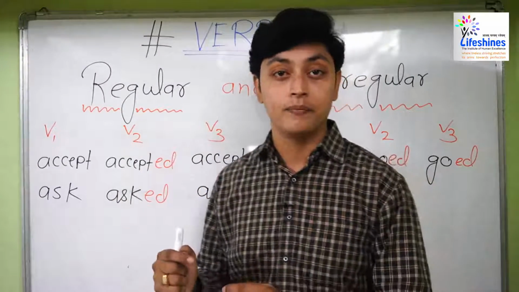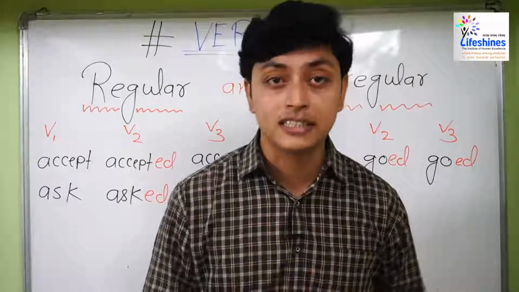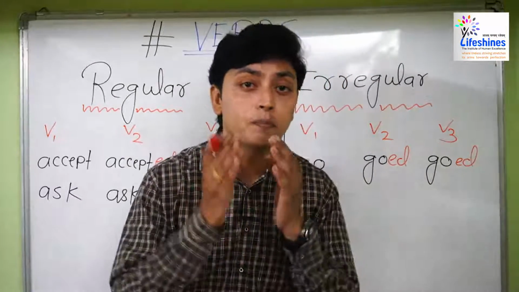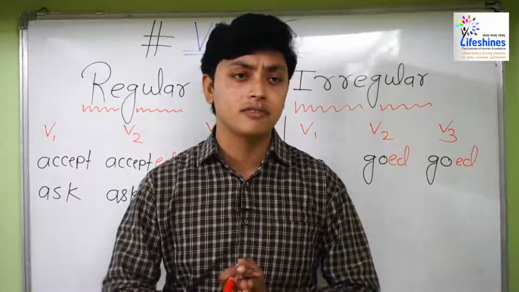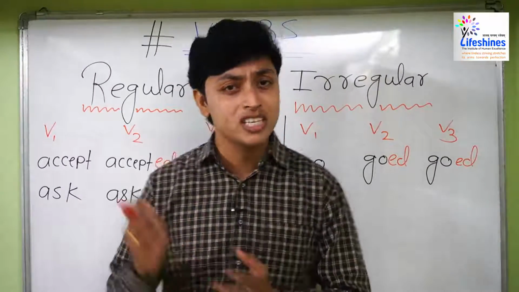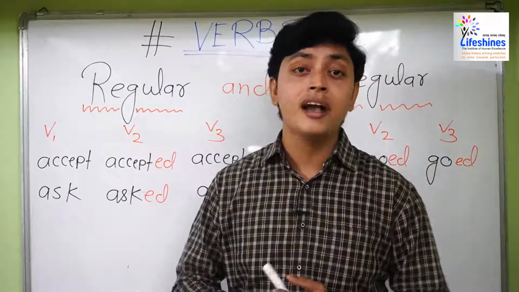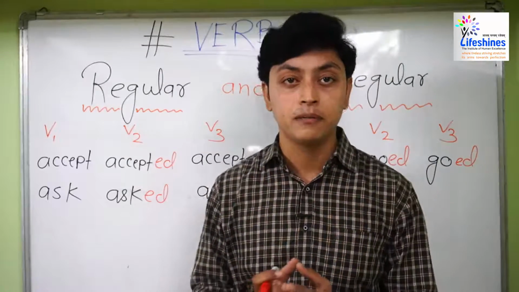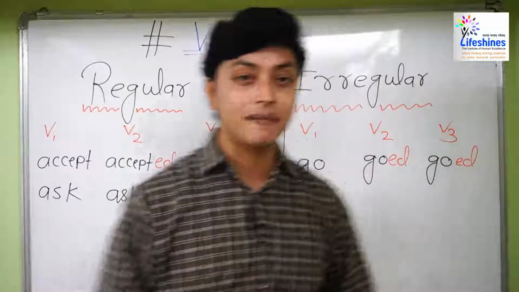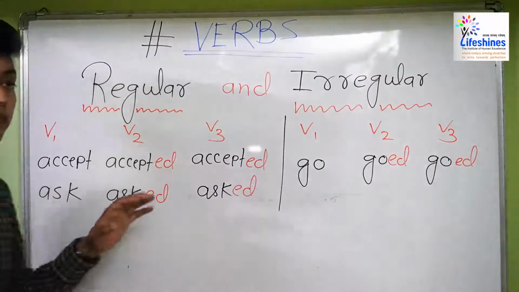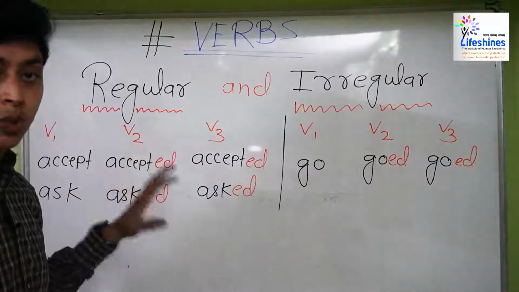So let's get started. Regular verbs are very much predictable and we don't have any problem with them. How? Look at them. I have written two examples here.